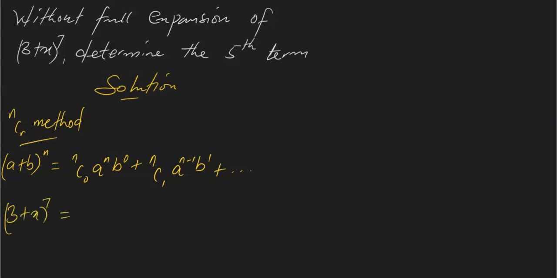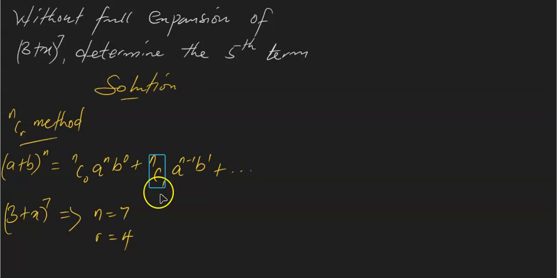Okay, so looking at the question that we have, which is (3 + x)^7, if we are to collect data, this means that n will be 7, then r will be 4. Why? Because when we are finding, let's say, the first term, r should be 0. When we are finding the second term, r should be 1.